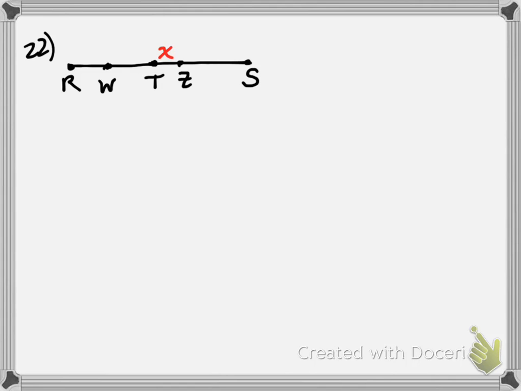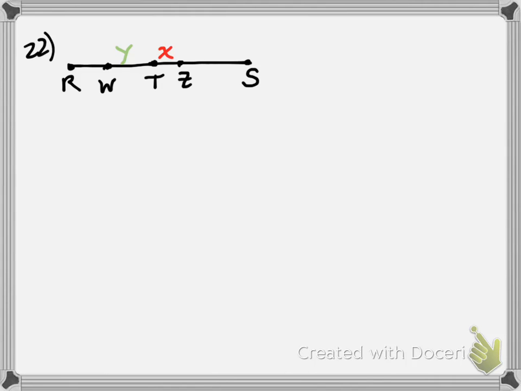Y. Okay, so let's hold on. I'm going to go ahead and write some stuff out, and then I'm going to go back and see if I can think of it from a different perspective. Now, we were told that T was the midpoint of segment RS. Okay, fabulous. We were told that W is the midpoint of segment RT. Okay, now that I can deal with, because in the hint it told us to let y equal the length of WT.